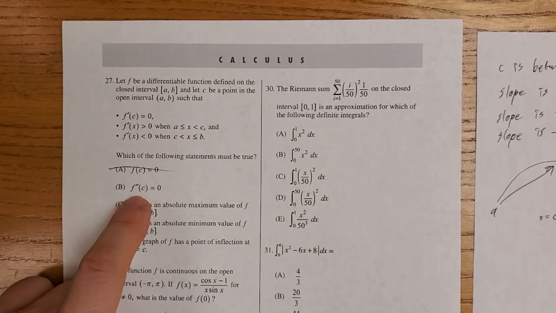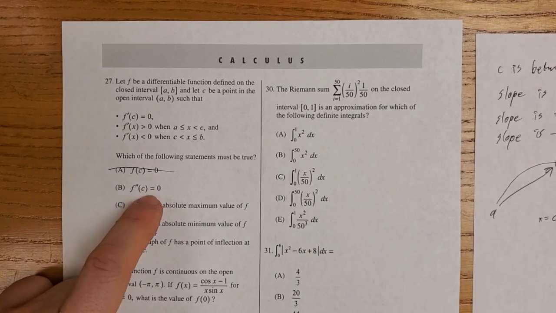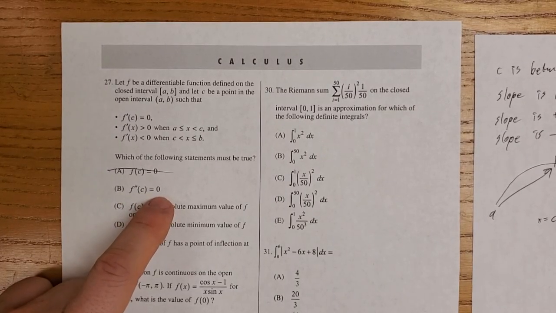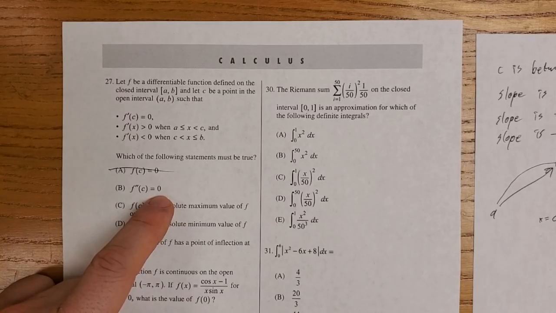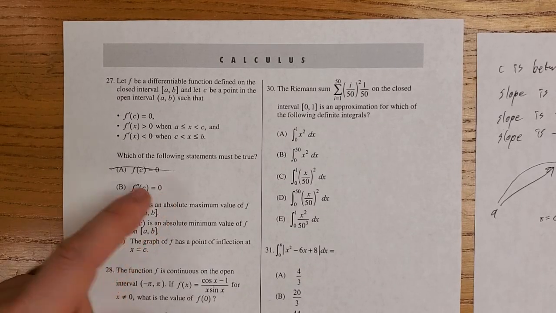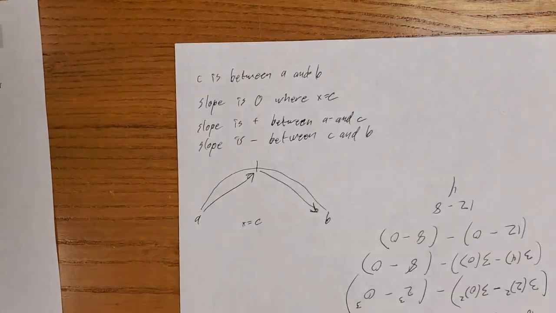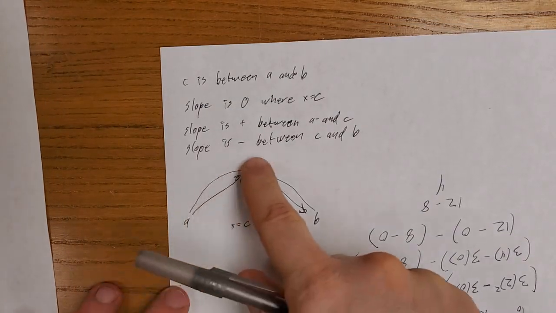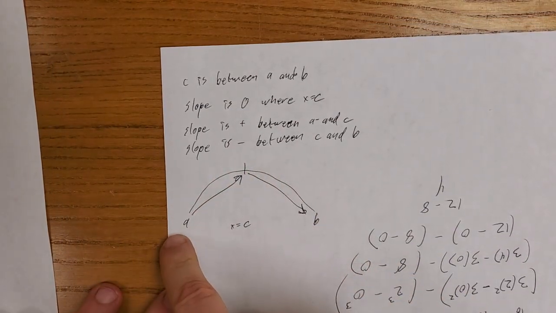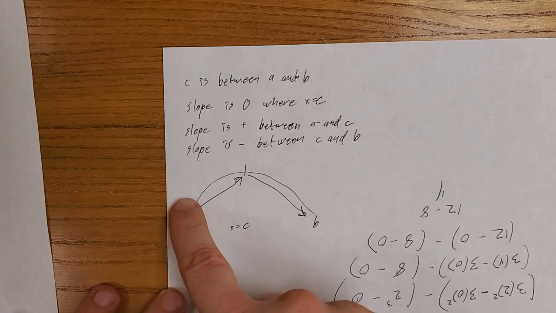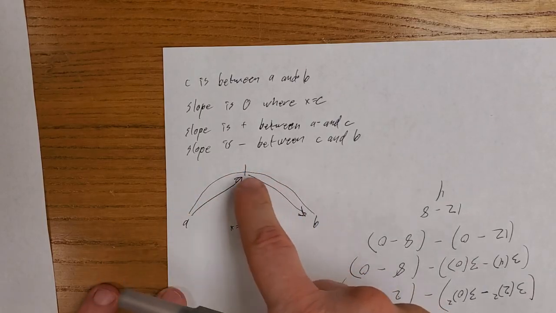It's asking, is the second derivative at C equals 0? Meaning, is it an inflection point? Do we know if the rate of change of the slope is changing there? And we don't know that at all.